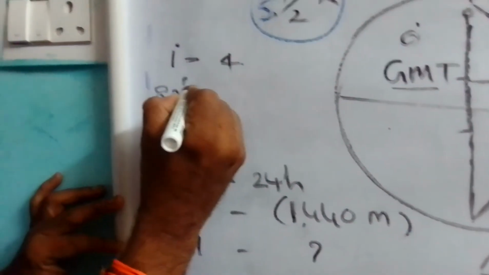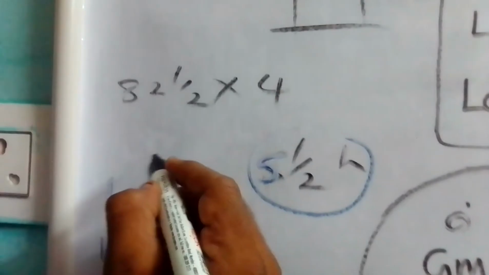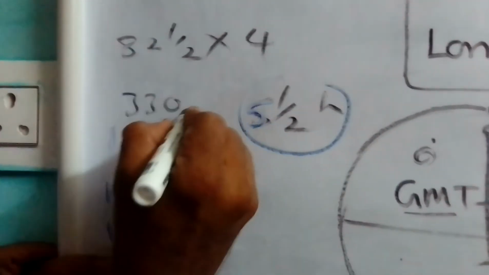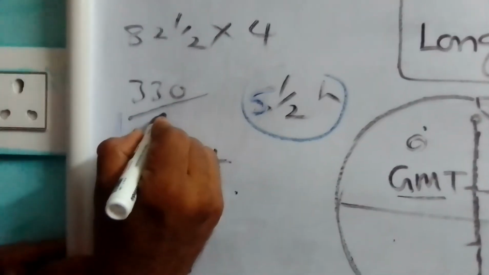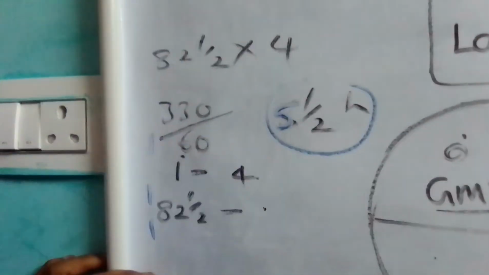And how many minutes will it take to reach 82.5 degree? So 82.5 degree into 4, then we get 330 minutes. So 330 minutes are going to be converted into hours. For converting into hours, we are dividing by 60.